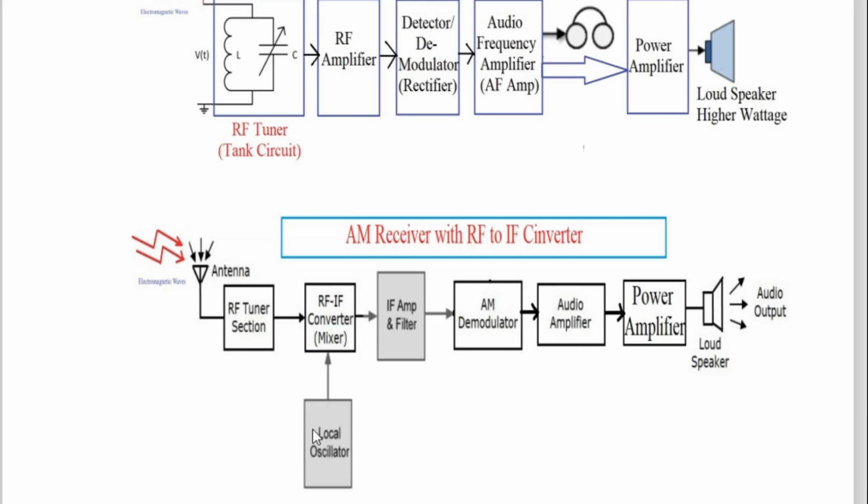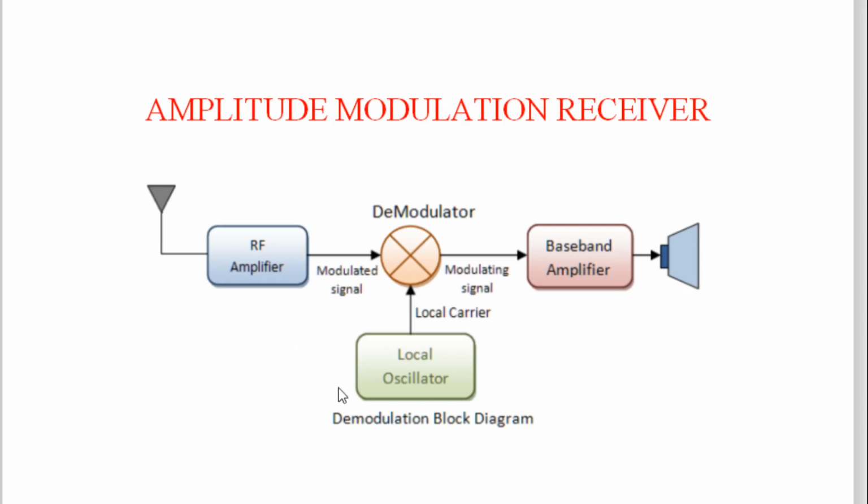This local oscillator circuit is used for that conversion. You don't need to worry about what it is doing; it is not going to change any other parameter. The input is RF, and that RF is converted into the corresponding intermediate frequency, because for every radio frequency there is a standard value of intermediate frequency.